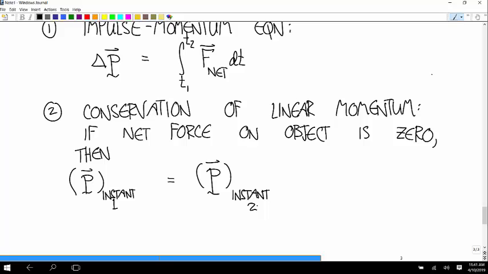Conservation means stays the same. So if there's no net force acting on the object, the linear momentum of the object stays the same.